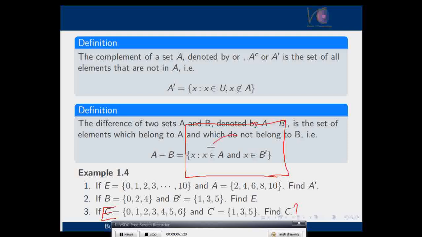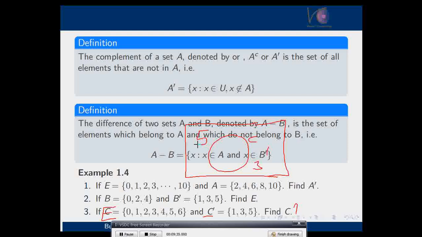We only have one set under consideration, which is set C. C complement, these are the elements that are outside set C. So outside set C, you have 1, 3, and 5, meaning the remaining elements are going to be inside set C.